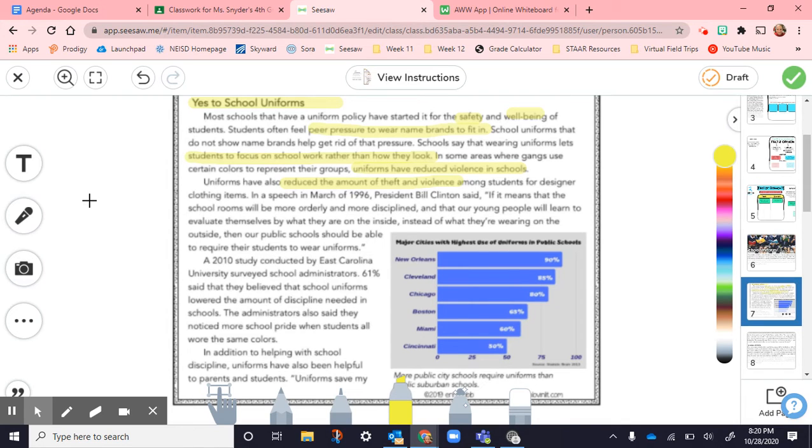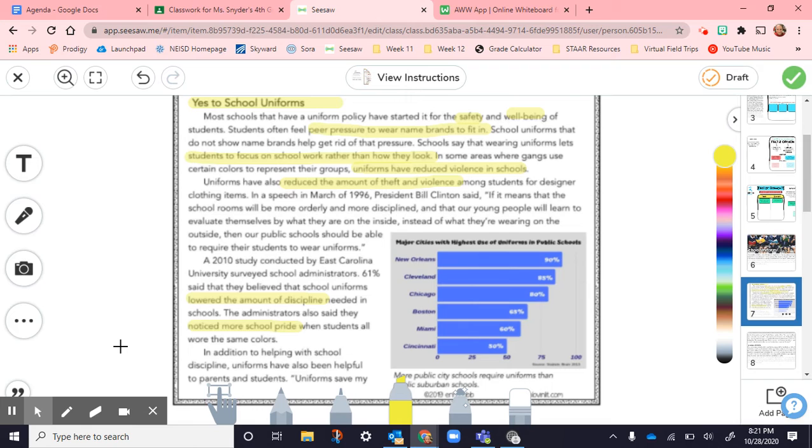In a speech in March of 1996, President Bill Clinton said, "If it means that school rooms will be more orderly and more disciplined, and that our young people will learn to evaluate themselves by what they are on the inside instead of what they're wearing on the outside, then our public schools should be able to require that their students wear uniforms." A 2010 study conducted by East Carolina University surveyed school administrators, and 61% said that they believe that school uniforms lower the amount of discipline needed in schools. The administrators also said they noticed more school pride when students all wore the same color.